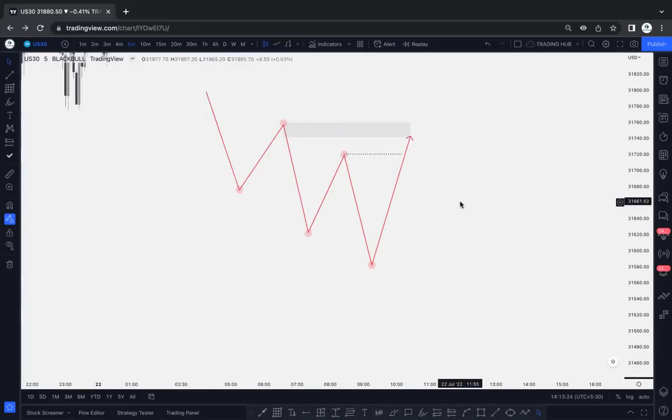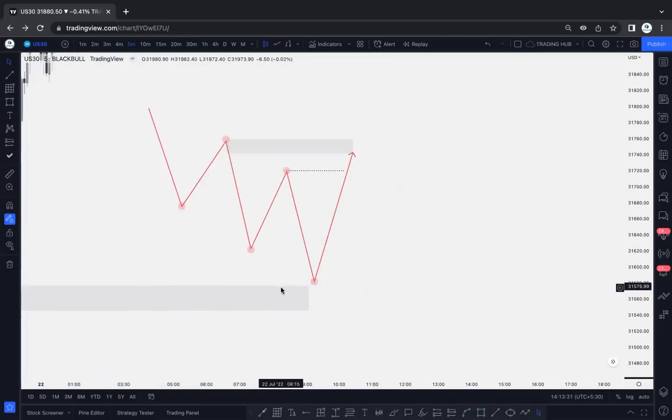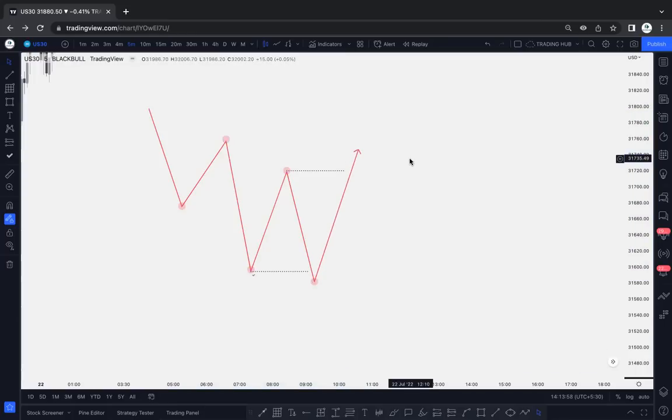If the market mitigates something here on the left side, in a 15-minute zone, then there is a very high chance this is our chop. And one more scenario: if the market did not mitigate the previous demand, but the market sweeps this low and closes above it, and again the market breaks this high and closes above it, then there is a very high chance this is our chop.